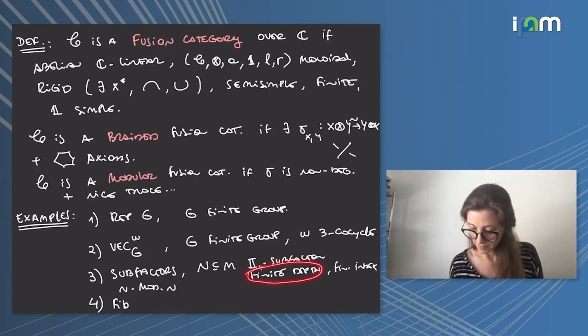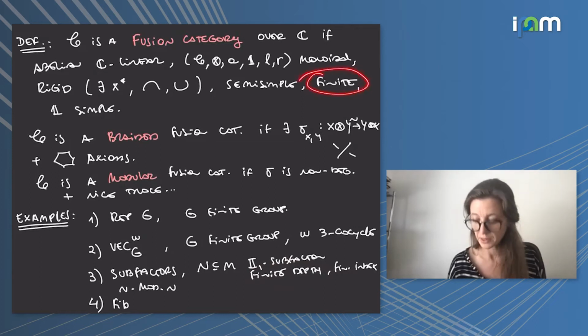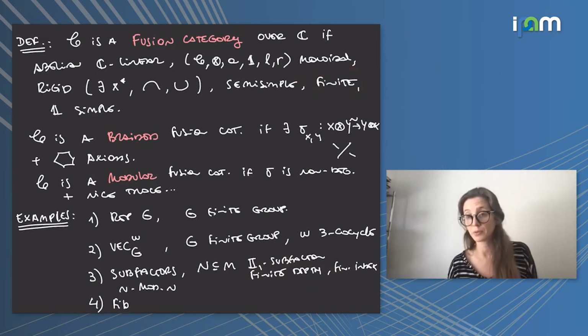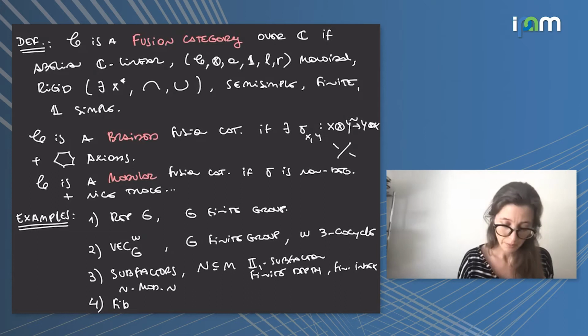This finite depth will ensure that we have a finite number of simple objects in the category, so that's important.